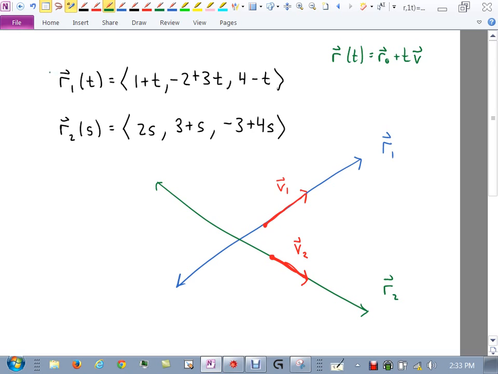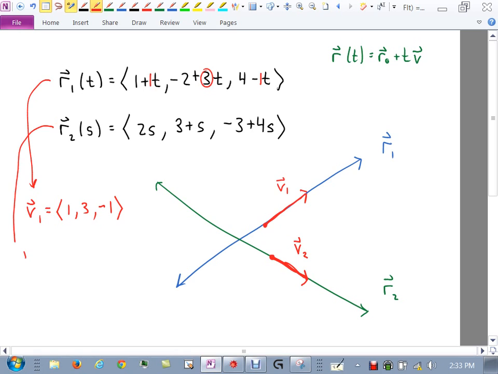So what is the direction of R1? I'm going to call it V1. What's its direction vector? 1, that comes from here. 3, right? You don't need to write the t in there. And then -1. What's the direction of the other line? 2, careful, 1, right? And then 4. Does that make sense?